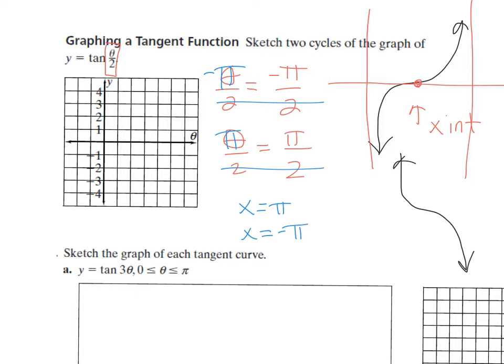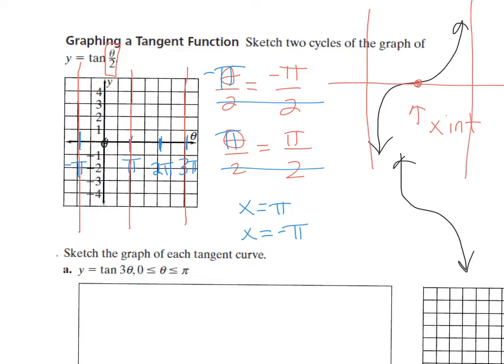So I'm going to scale my axis and draw these in. I'll let this be pi, let this be 2 pi, and over here negative pi, and then 3 pi. So if I know the vertical asymptotes, which I'm going to draw in red, occur at negative pi, pi, and the next one is going to be 3 pi, then I can sketch my tangent function.